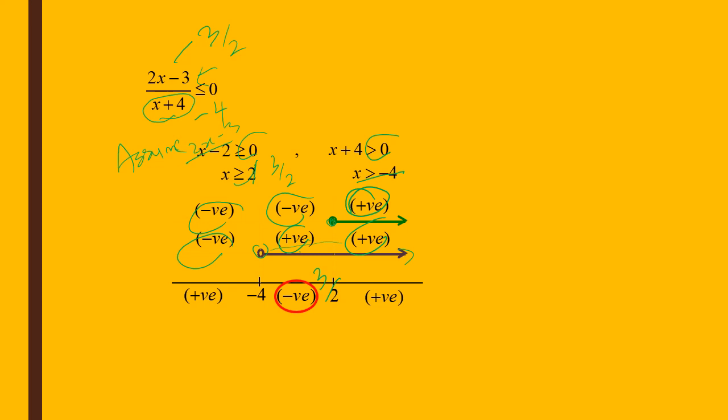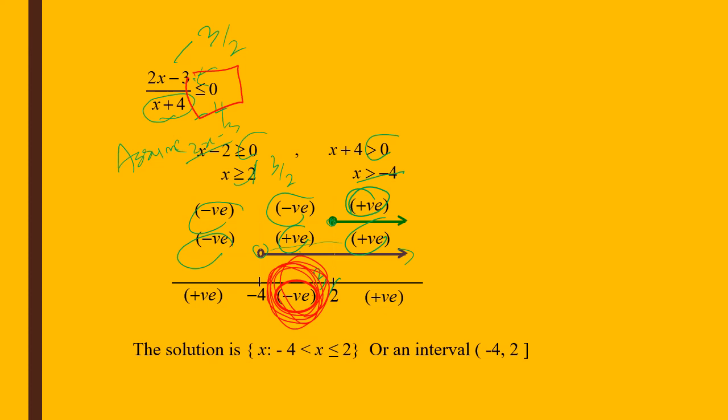So what the question is asking is to find the less than 0. Less than 0 means that we want to take the middle part, the negative value. So what is this value of x? It's in between negative 4 and 3/2, where 3/2 is inclusive.